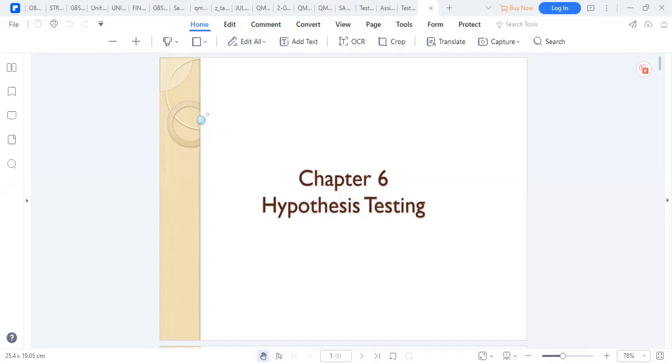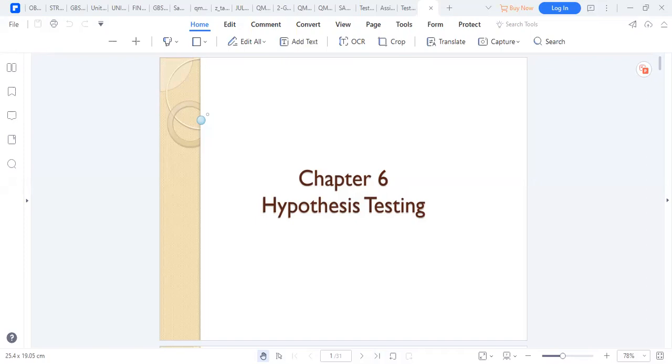Hypothesis testing is very important. What is hypothesis testing? And why should we learn hypothesis testing? Usually we have so many assumptions that clinicians, doctors, and also statisticians make.